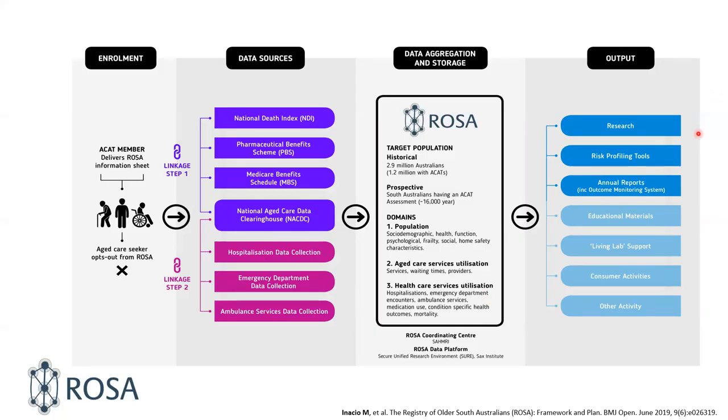Outputs include research, risk profiling tools, annual reports including an outcome monitoring system, and there is also significant consumer engagement and activity. The focus of this study, as I mentioned, is the historical cohort of 2.9 million Australians, 1.2 million of whom have an ACAT.